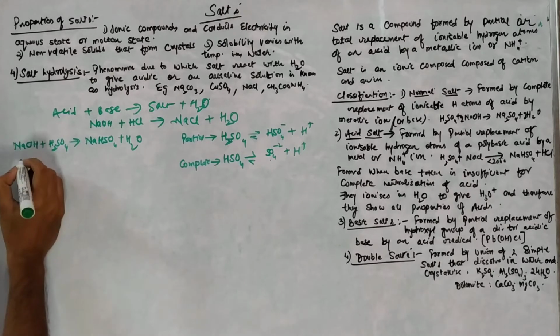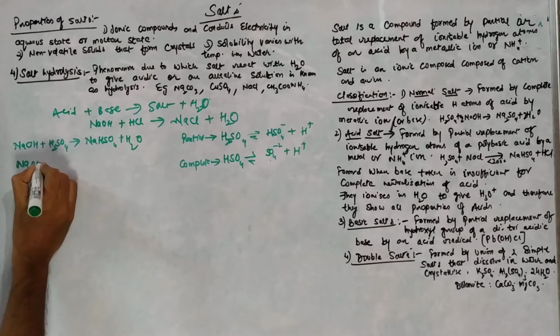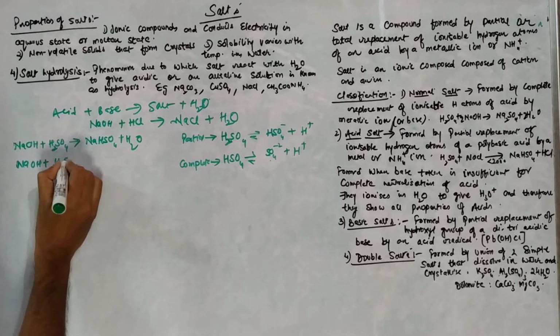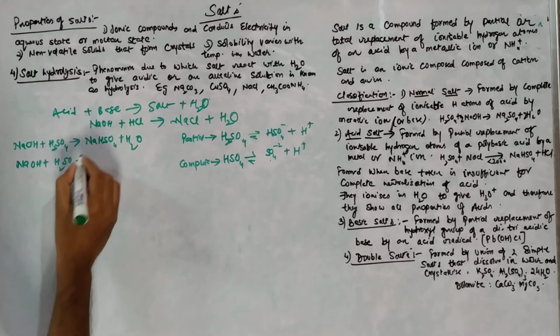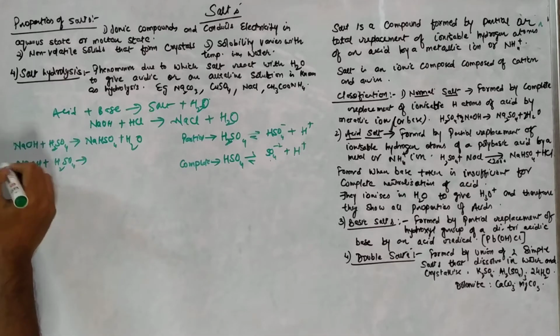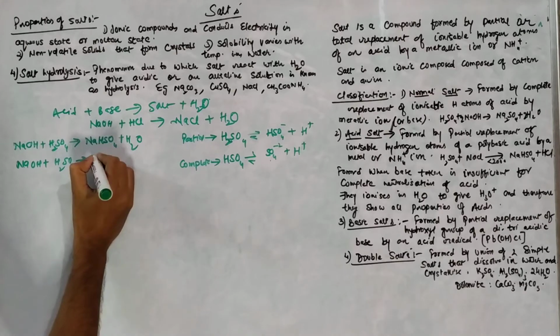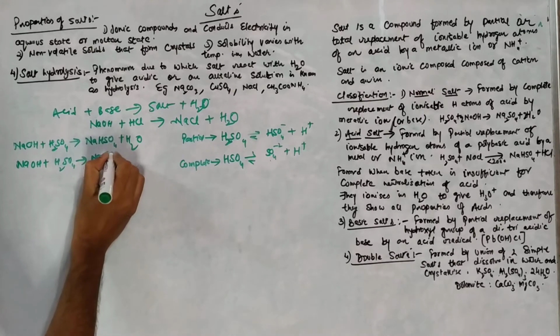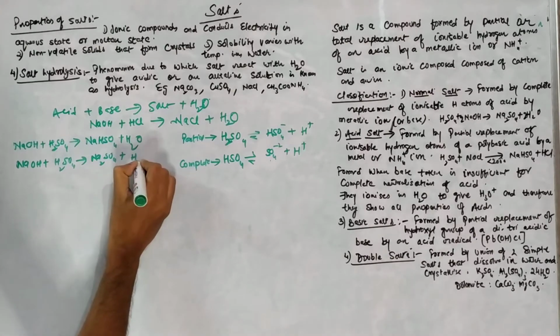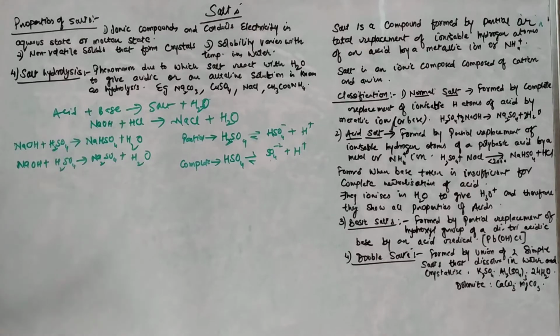Similarly, NaOH plus H2SO4, if you look at this step, if sodium hydroxide will replace both hydrogen atoms of sulfuric acid, it will form Na2SO4 plus water. So both these NaHSO4 and Na2SO4 are salts, right.